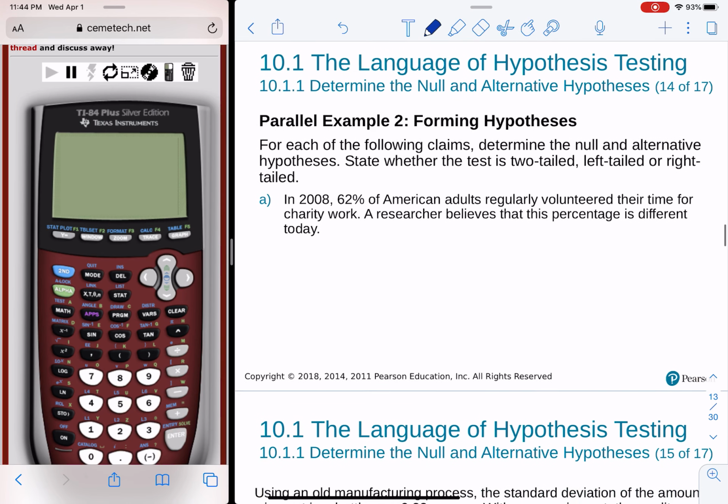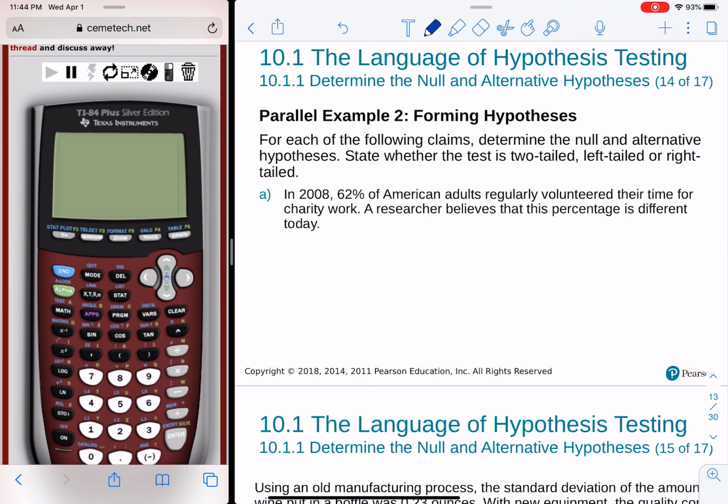So here are cases. I believe I did this already. Percentage is simply proportion. So the belief since 2008 is that the proportion of American adults who volunteer their time for charity work, that would be P, is 0.62 or 62%.